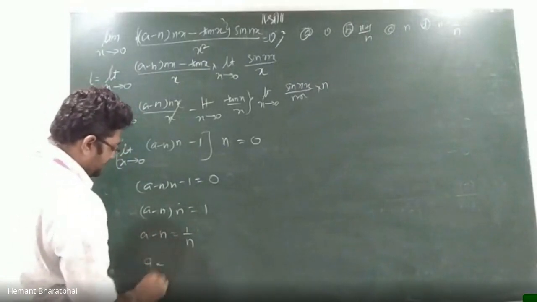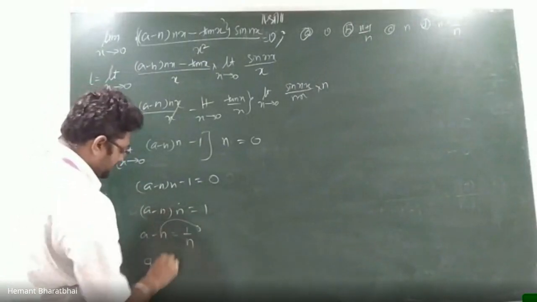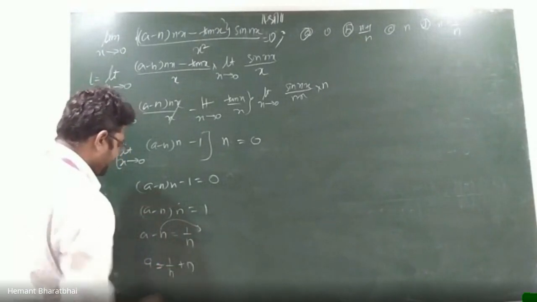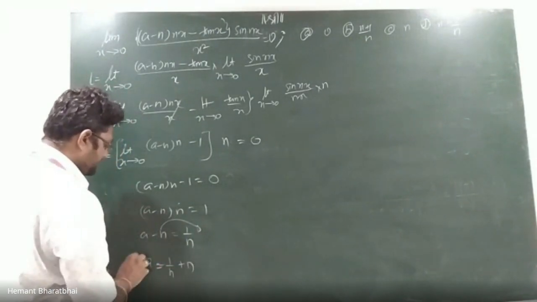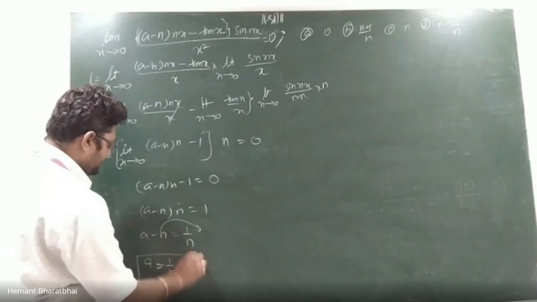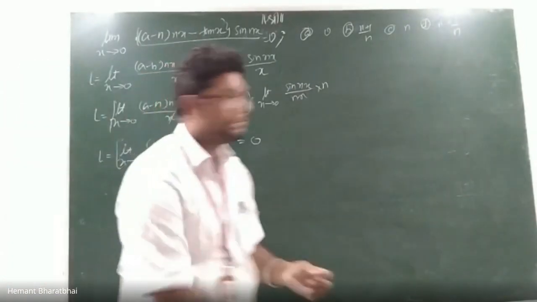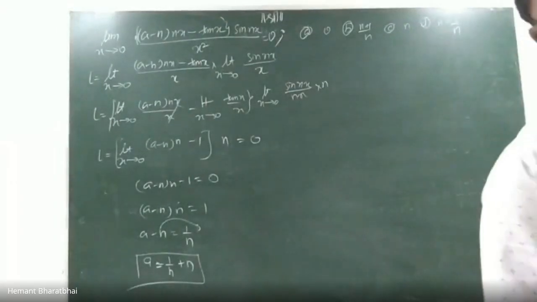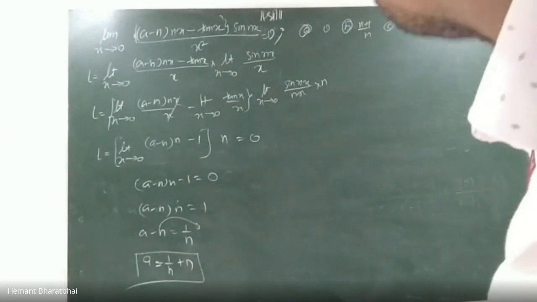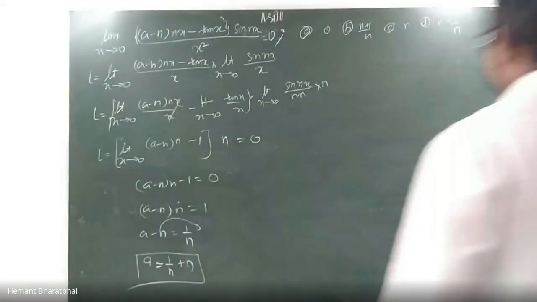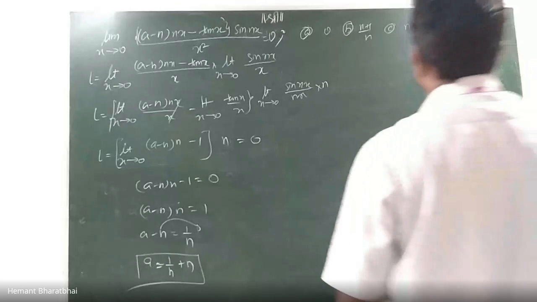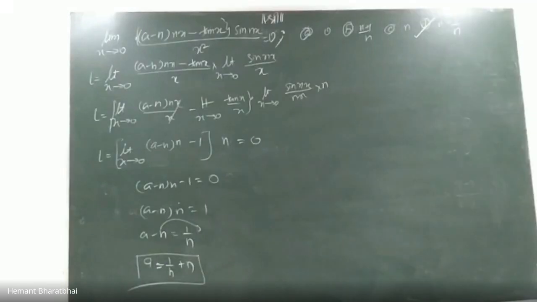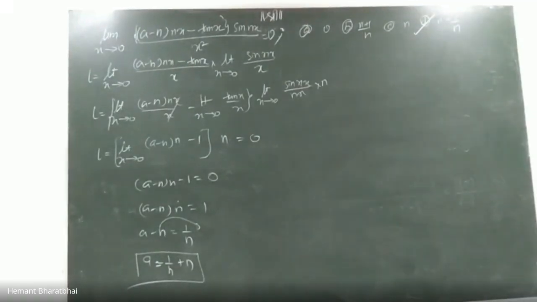So I get a is equal to, this goes over there, 1 by n plus n. So this is the value of a. So which is the option? Option number D is my answer, right? I'm getting a is equal to 1 upon n plus n.